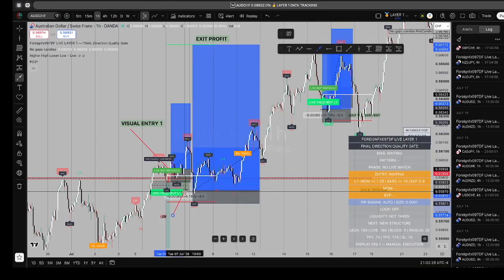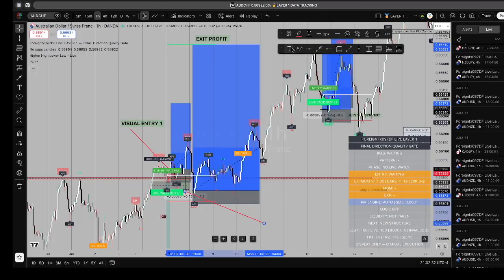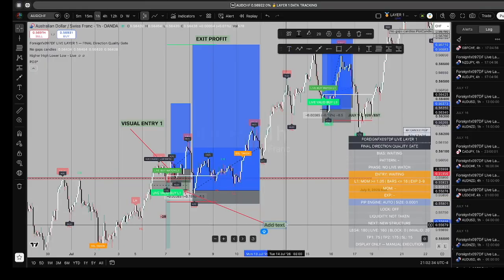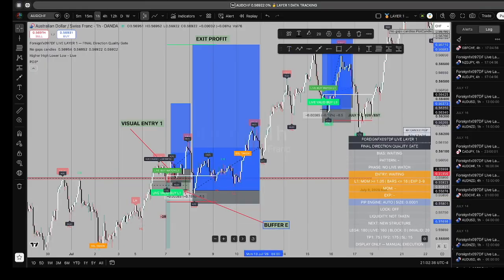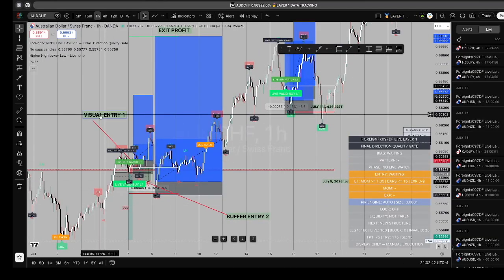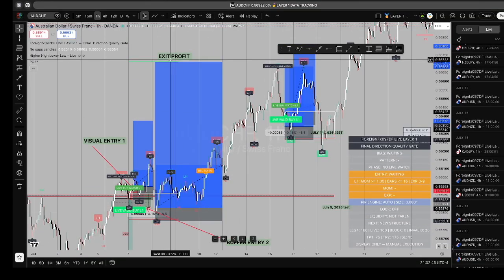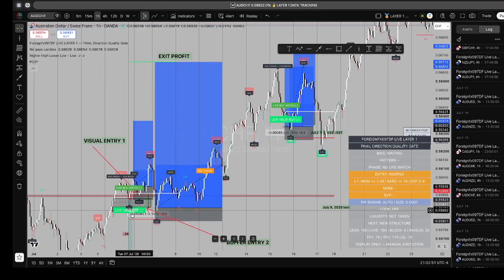And then we're going to put this one at the 8.5 for our buffer entry two. Whenever you're taking a trade, this is how you would take a trade: the visual entry one, the buffer entry two, and then exit for profit would be at that green area.